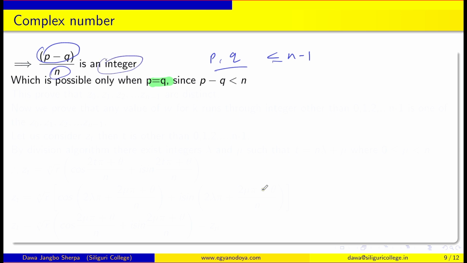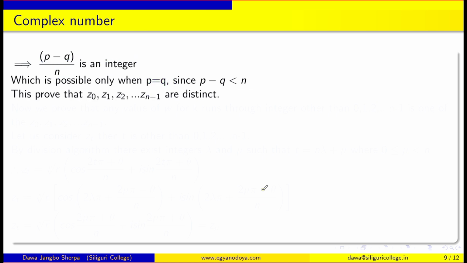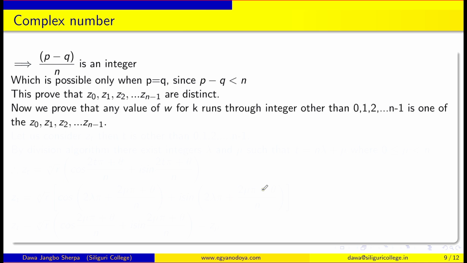This is only possible when p and q are equal, because p minus q is less than n. So that means these are distinct values. Whenever we consider Zp equal to Zq, we get p equal to q. So the values Z0, Z1, Z2, ..., Zn minus 1 are all distinct values.